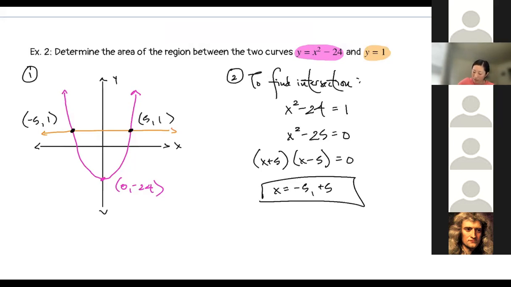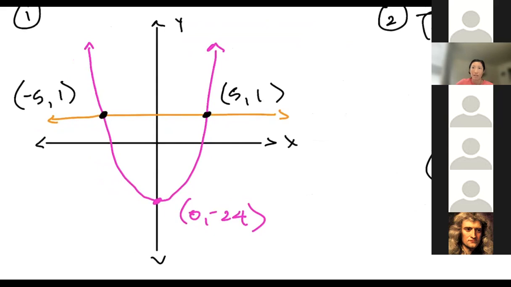Okay. Now, before we set up our integral, let's draw some rectangles. I would say this is a good way to start, and try drawing them the way we've been drawing them and see if that works out. So maybe this is one rectangle here. Maybe this is another rectangle, another rectangle, another rectangle, tiny rectangle, right?